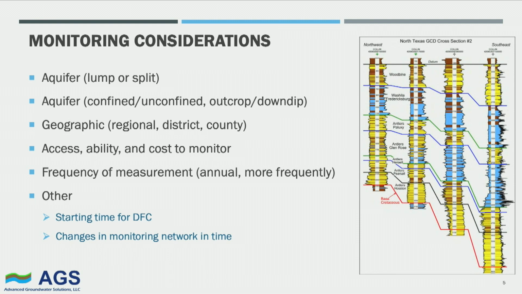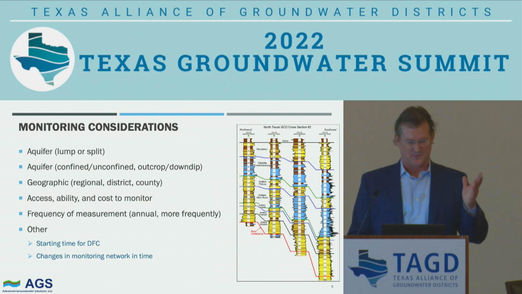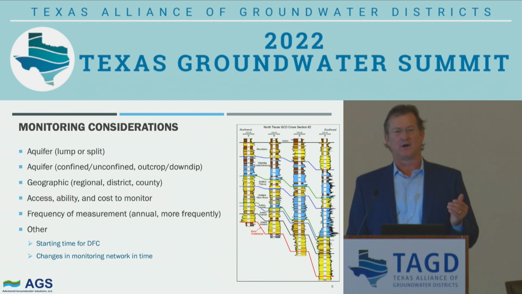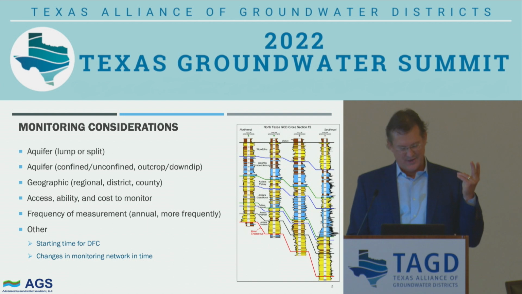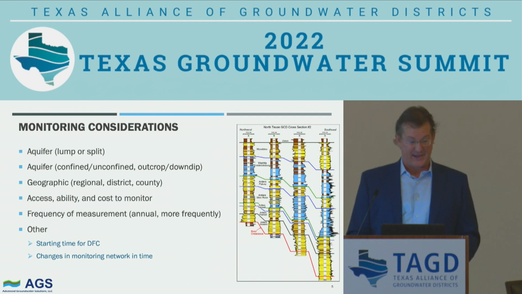I know Upper Trinity and the western flank of the northern Trinity aquifer, they look at outcrop and down dip differently. Some other GCDs have also considered that. I'm not sure where all that's implemented, but all of those things matter, and it can be generally aquifer and locally specific to your needs, to the drivers that you think are important to managing groundwater.